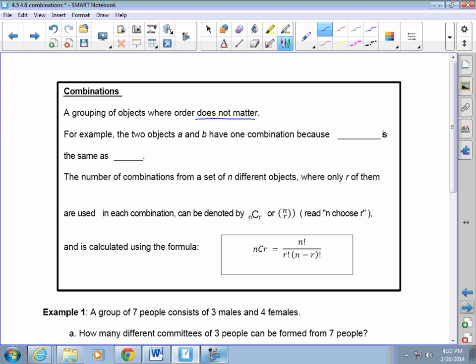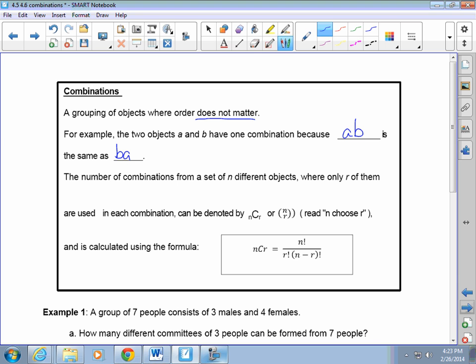For example, two objects, A and B, have one combination because AB is the same as BA. If you pick fried rice and lemon chicken, or lemon chicken and fried rice, it doesn't matter. You're still going to get those same 2 items.